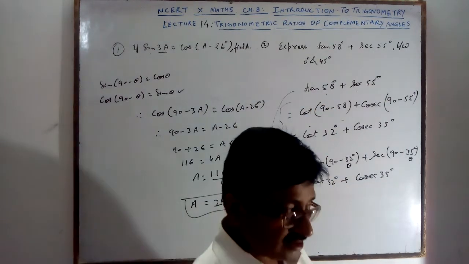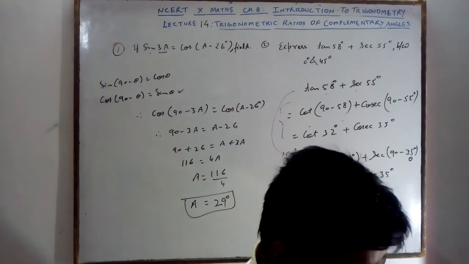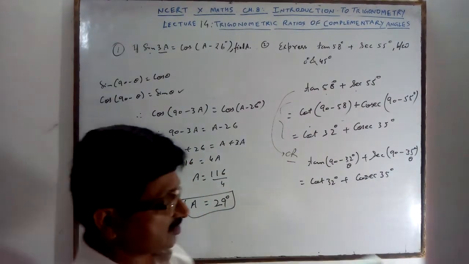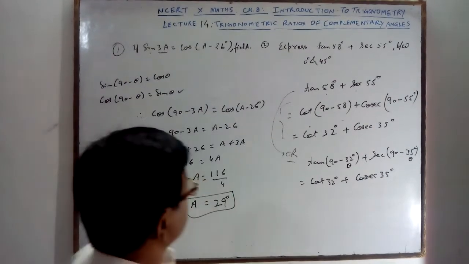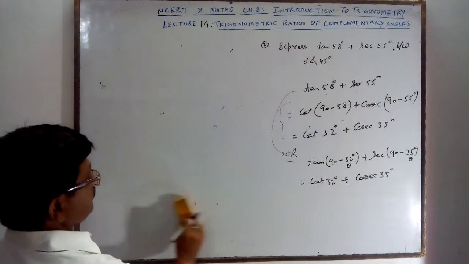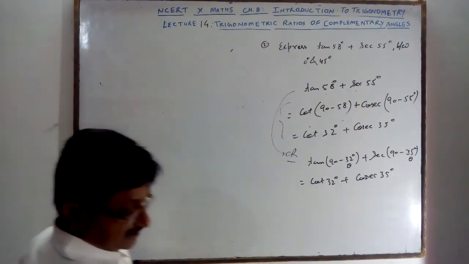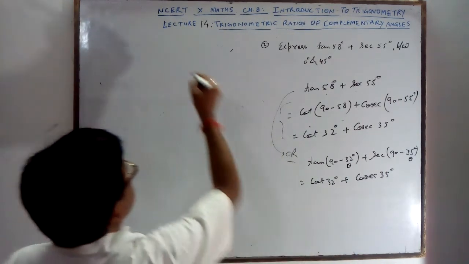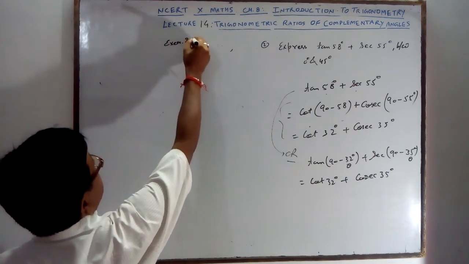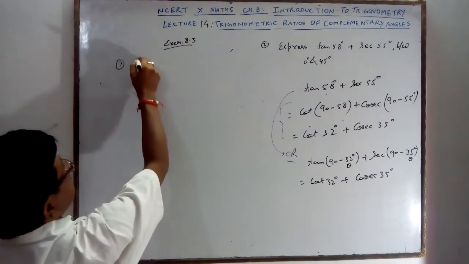The next question is given in Exercise 8.3: sin 18 degrees upon cos 72 degrees. It is question number 1 of Exercise 8.3, first part.